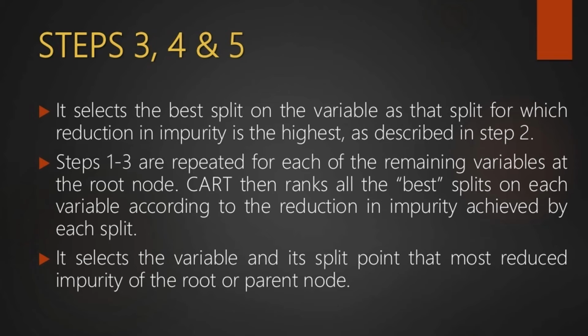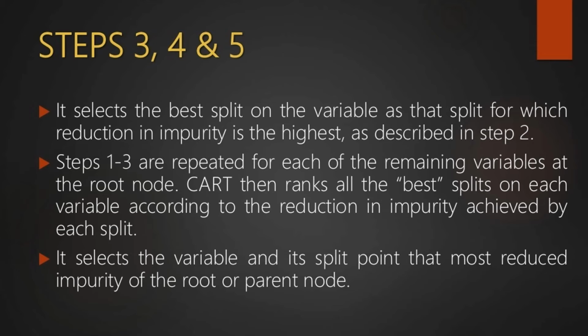Going onwards, Step 3. It selects the best split on the variable as the split for which the reduction in impurity is the highest, as described in step 2. Steps 1 to 3 are repeated for each of the remaining variables at the root node. CART then ranks all the best splits on each variable according to the reduction in impurity achieved by each split.